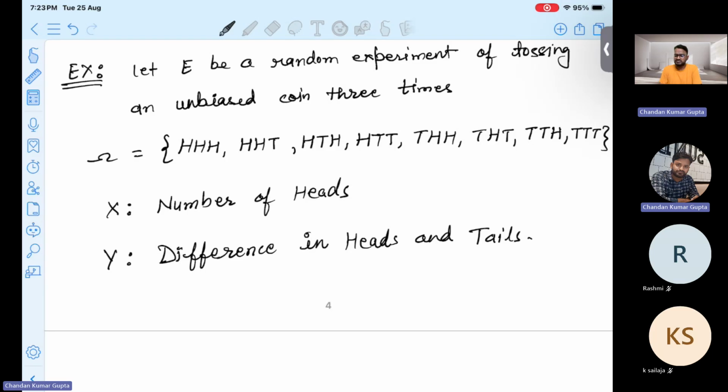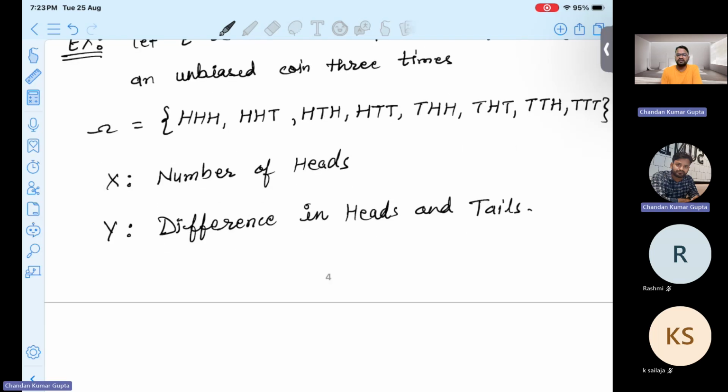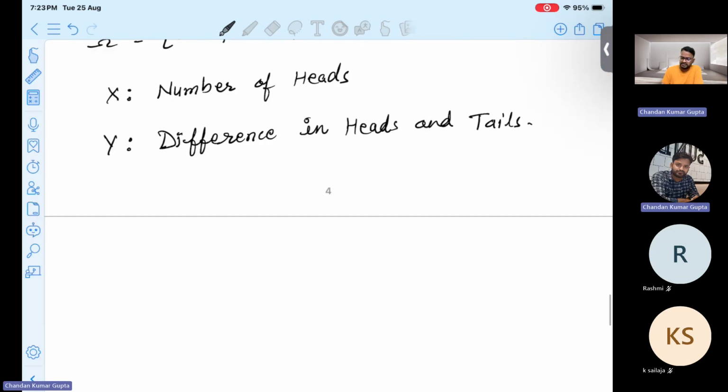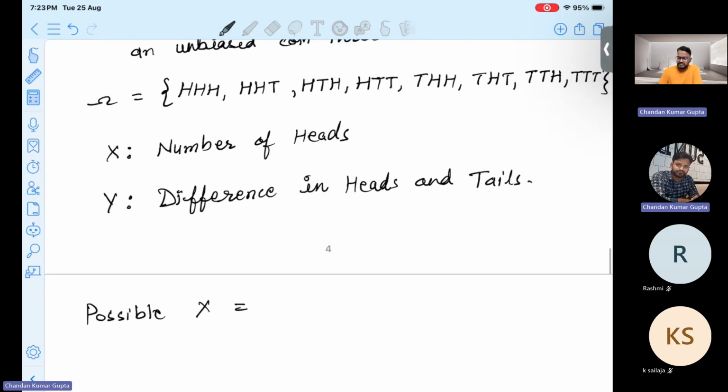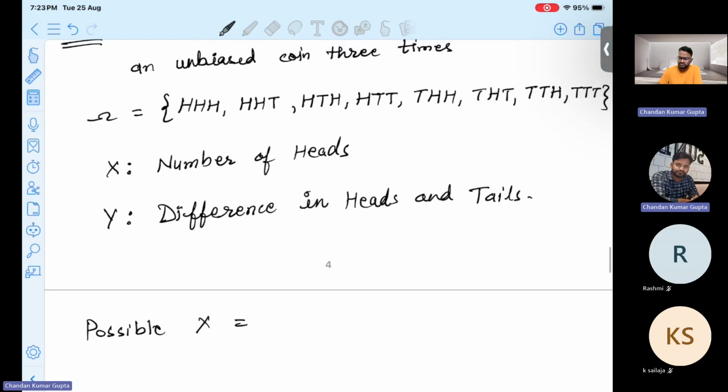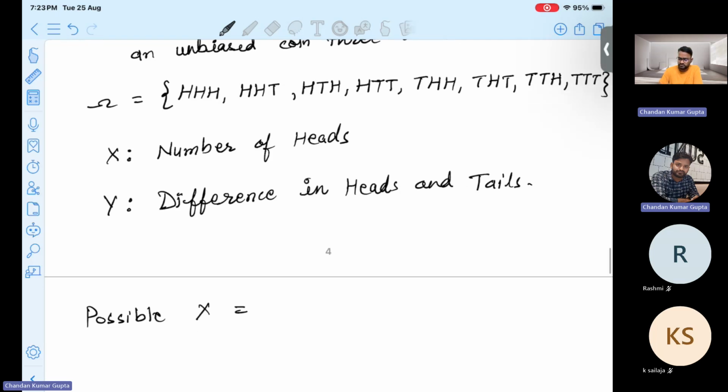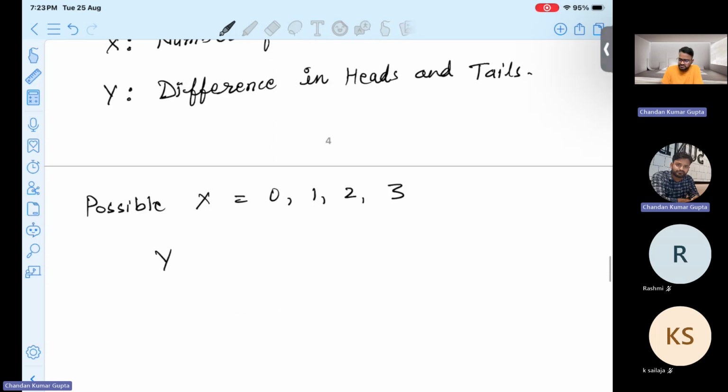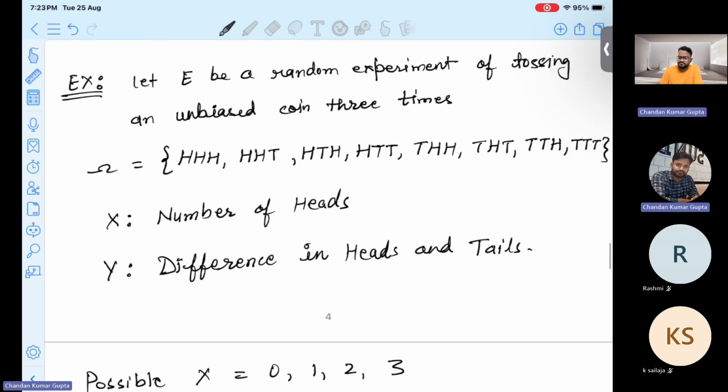Here you can see the possible values of the random variables X and Y. For X, the number of heads is either 0, 1, 2, or 3. So the possible values of X are 0, 1, 2, or 3. Again, the possible values of Y will be the difference.